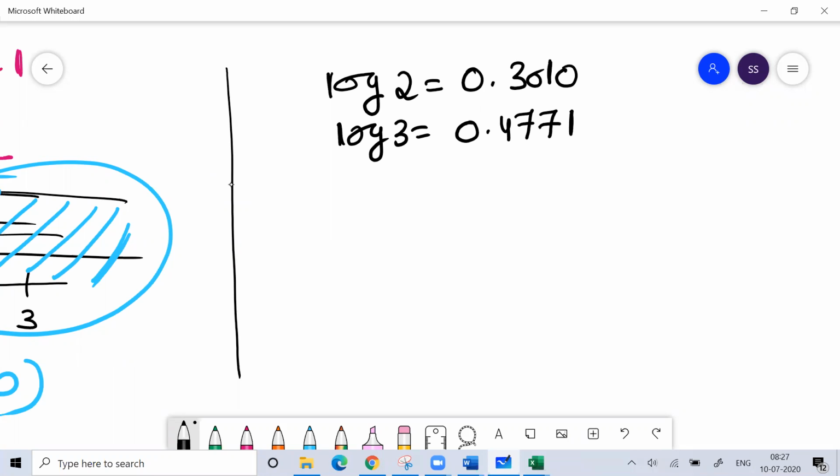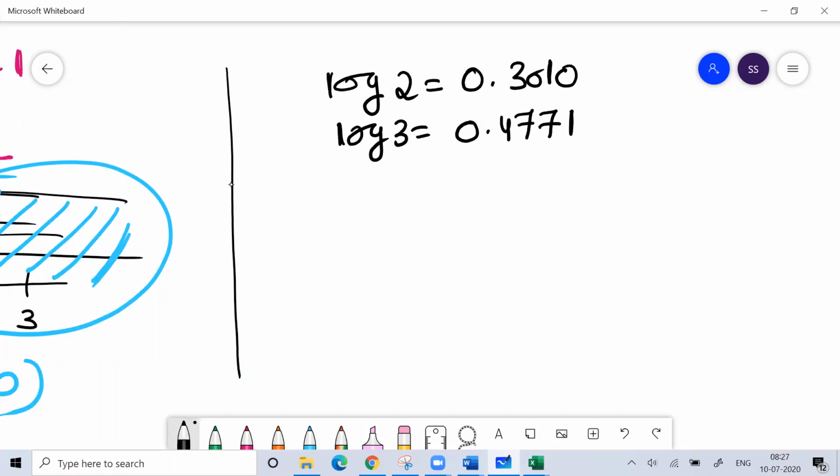If you remember these two values, our calculation will be very good. It will help you a lot in calculation. In exams they should give you these values, but many times they don't, so if you remember them, your work will become very easy.